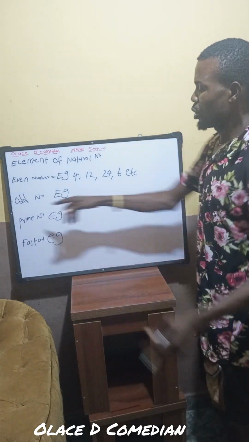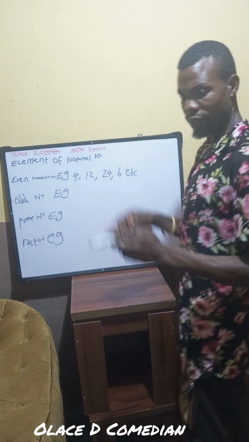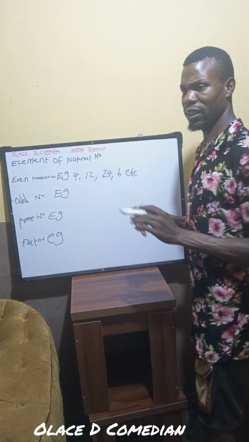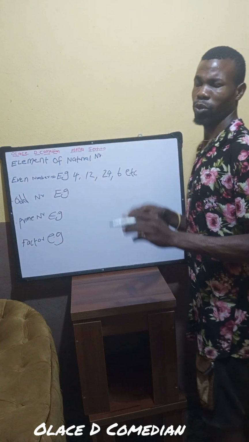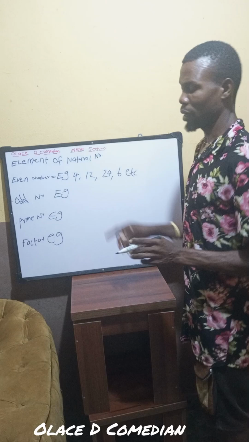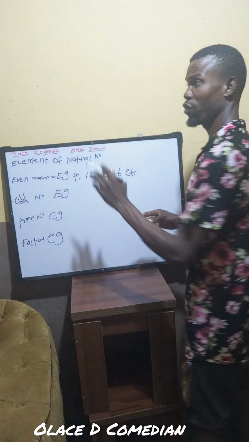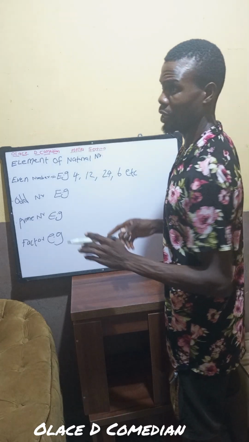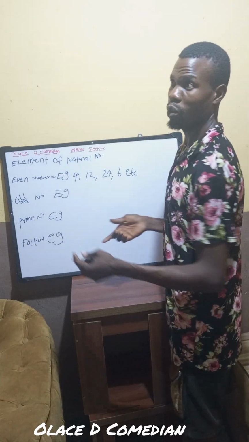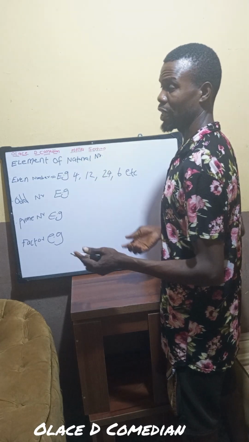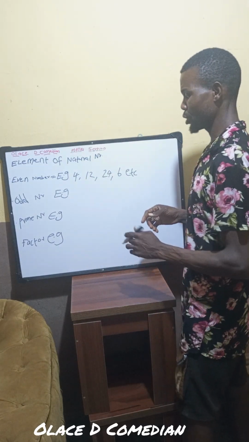Odd numbers are numbers that cannot be divided by 2, because when you use 2 to divide them, a number will still remain. Since 2 cannot divide it, it will remain either 1 or 2. If it remains 1, who can carry it? That is why we call it an odd number in mathematics.